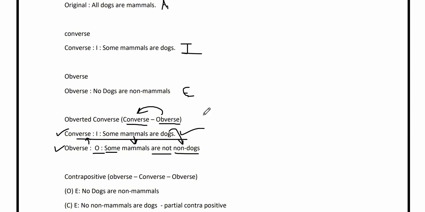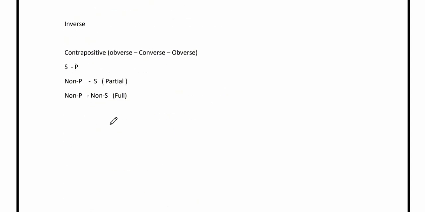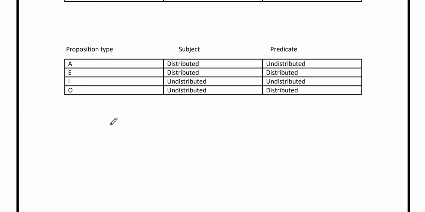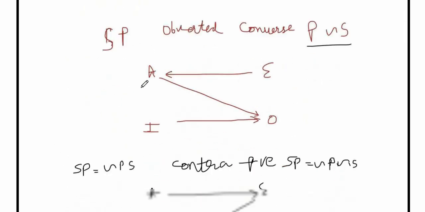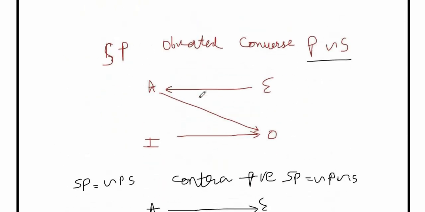Now, if you want a technique, a shortcut for direct conversion from the original to the obverted converse, then I have a diagram. If you can memorize or understand that diagram, it becomes very simple. So let's go to the diagram first. For the obverted converse, this is the diagram.